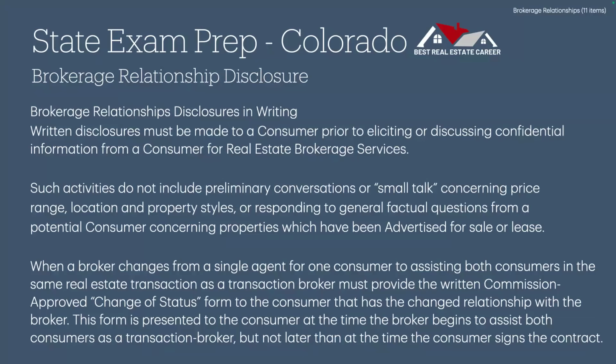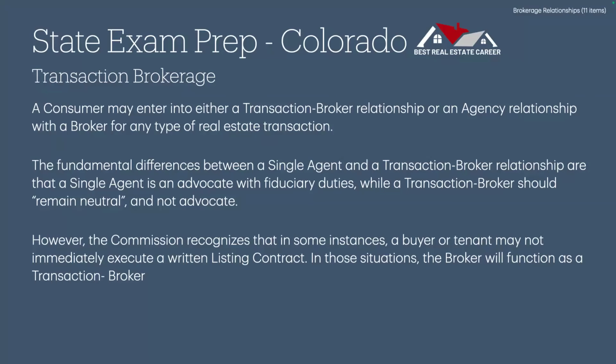There's going to be brokerages that say, you know what, we actually think it's not in our best interest for you to be an agent in a deal. So you always have to be transaction broker. So while the consumer gets to decide in the grand scheme of things, if it's not in your office policy, you can't do it to begin with. So you can be in a transaction broker or an agency relationship. And our exclusive right lists both of them. And so you check the box how you're going to help someone.